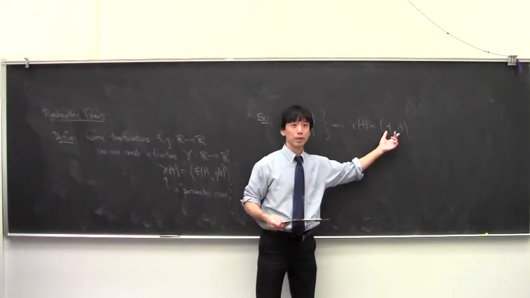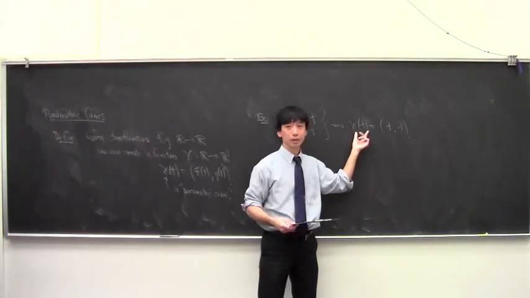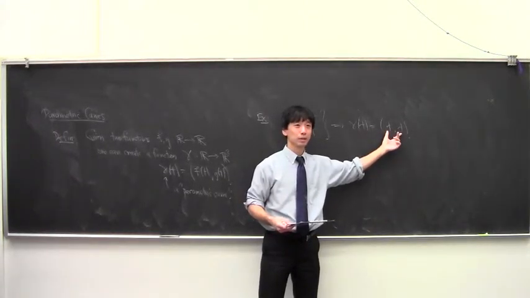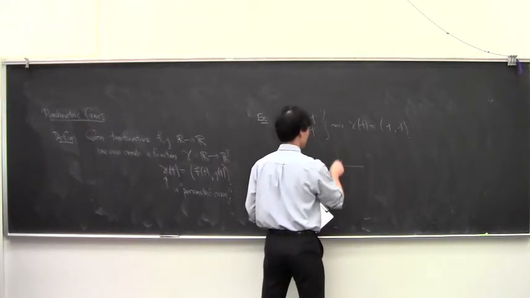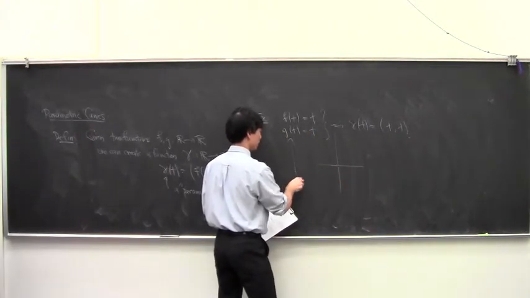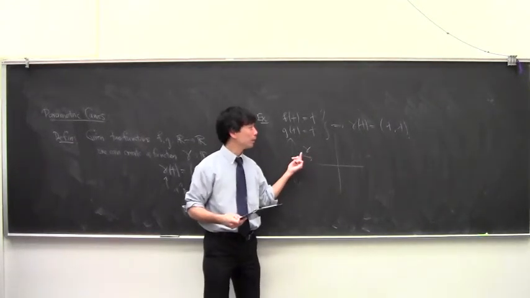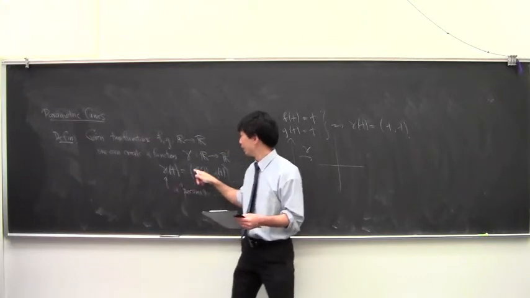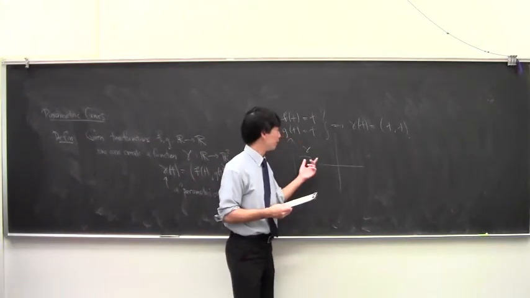So you create this parametric curve. And this thing is a curve in the plane. You create this map gamma that goes from the real line into the plane.